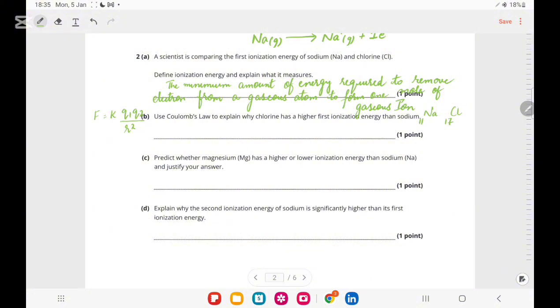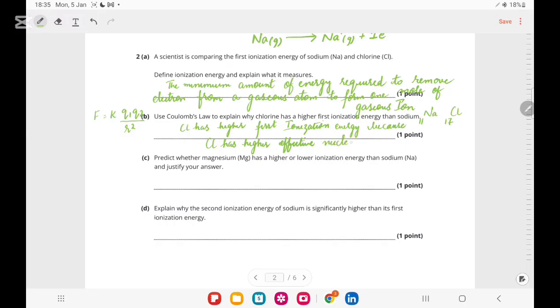What is the reason? Because chlorine has higher effective nuclear charge.